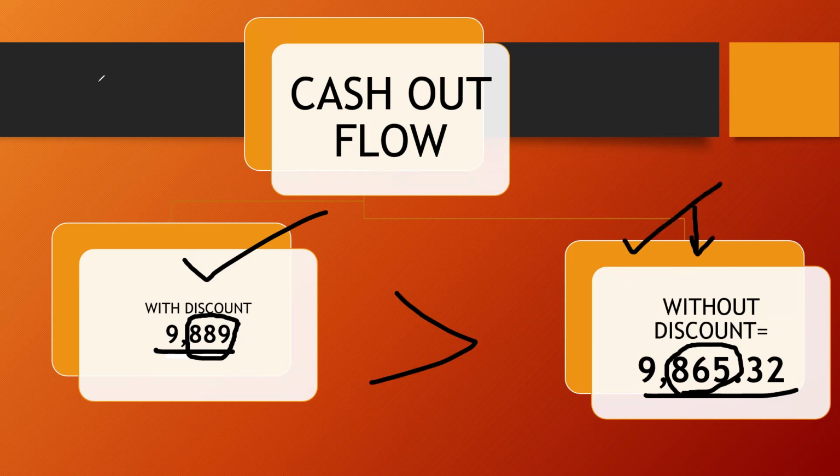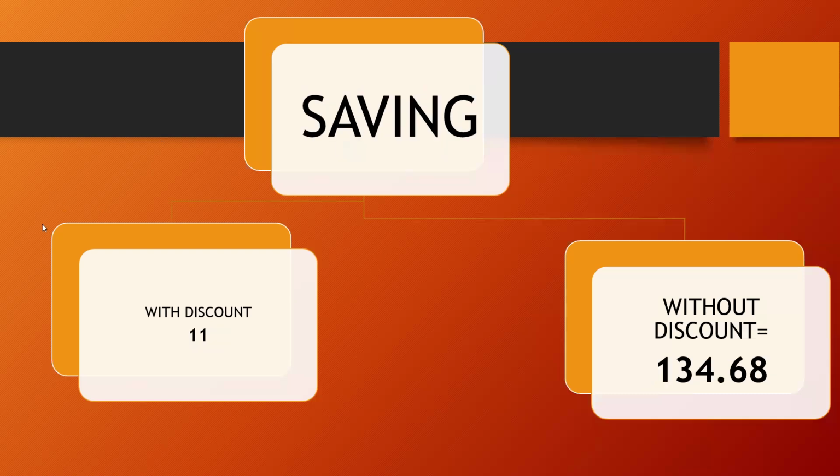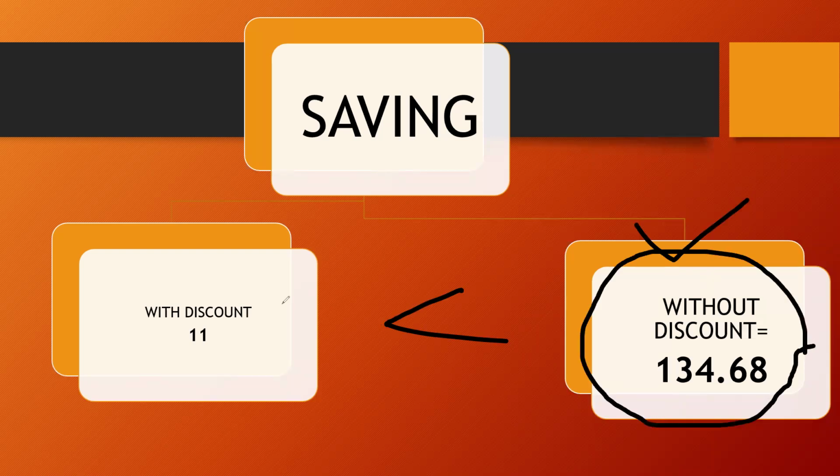It's an explanation, but on the face of it you can understand it. That's the reason I have also explained it. After making every adjustment to the savings and net total, the saving is more in the without-discount option. You are saving almost $134.68, but with the discount you will save just $11.